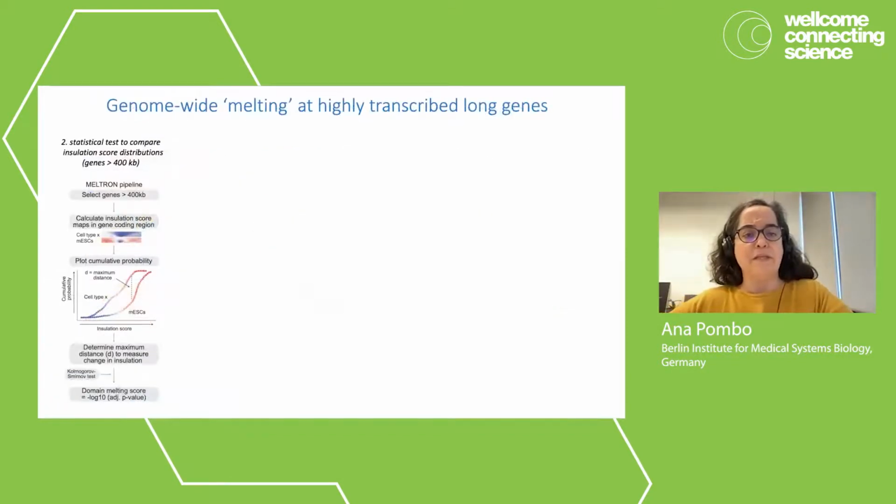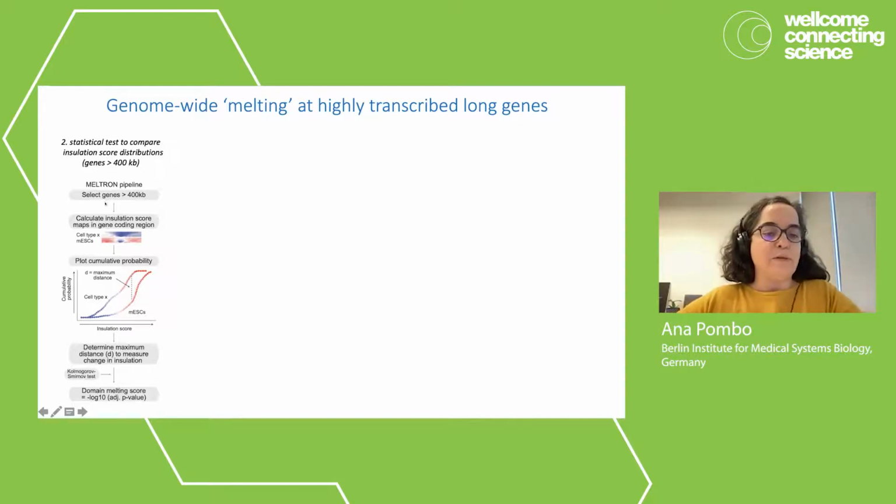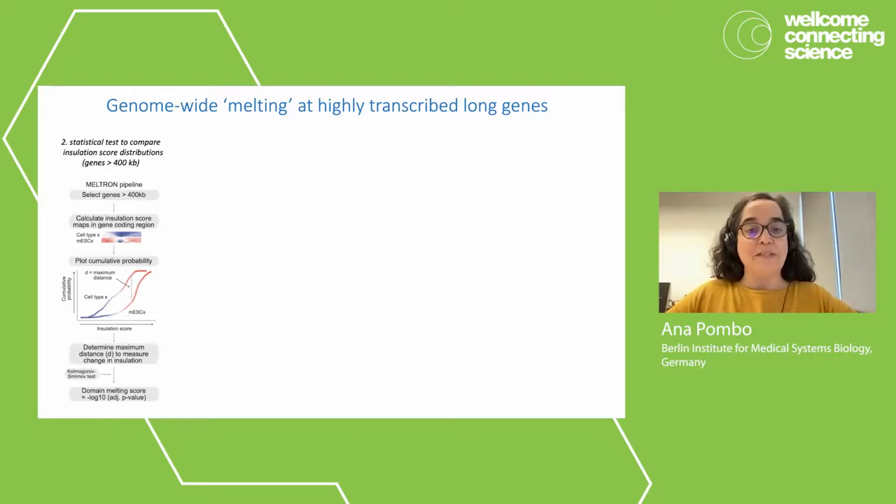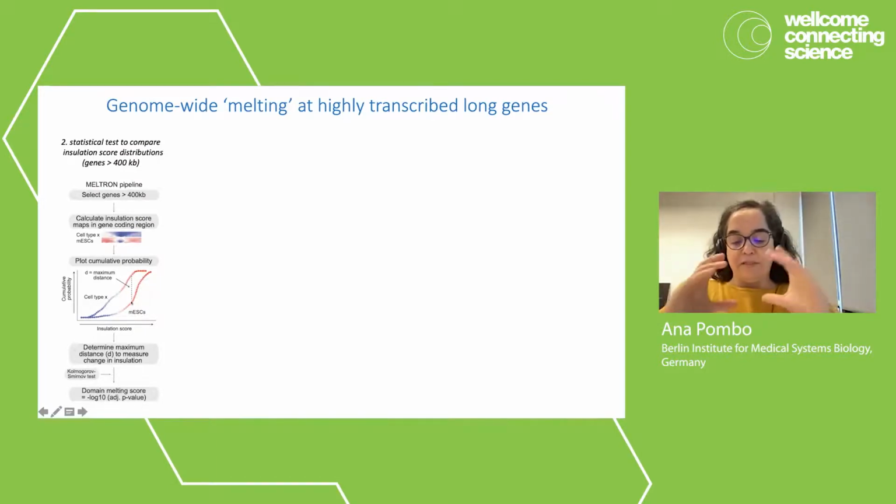Now, we wanted to study this decondensation of long genes in more detail, and to do this, we developed a pipeline called Meltron, which essentially computes the decondensation. I can explain this during the questions, and it applies a statistical test. And so we have developed this domain melting score or gene melting score, which is essentially a p-value of the difference between the two maps.